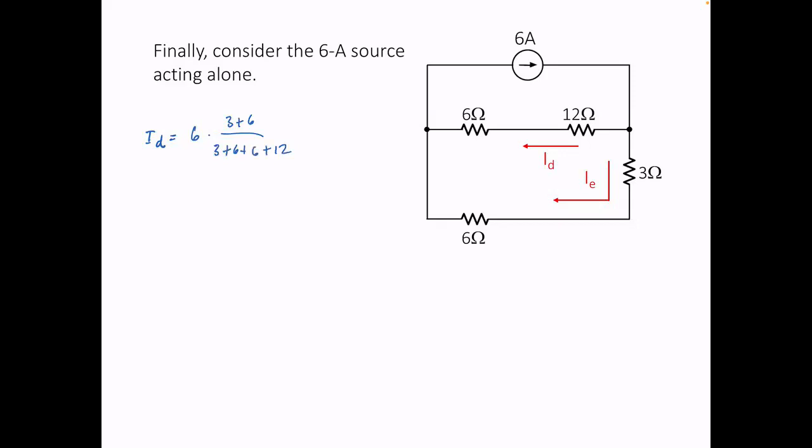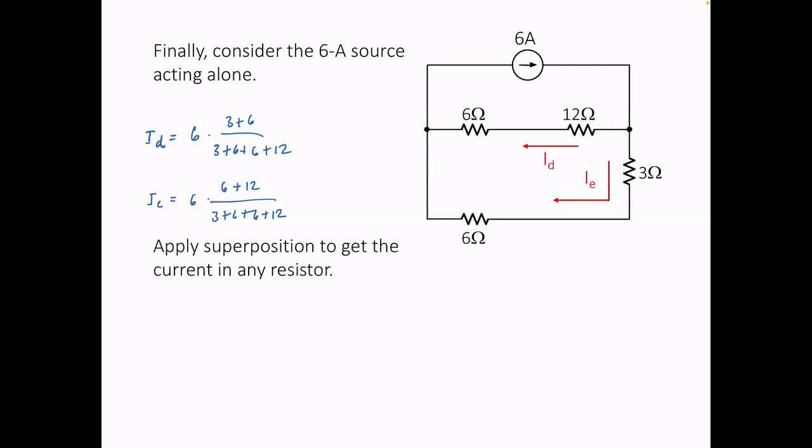And finally, IE will be 6 multiplied by 6 plus 12 over 3 plus 6 plus 6 plus 12. So I now have all the currents in all the resistors contributed by each source acting alone.